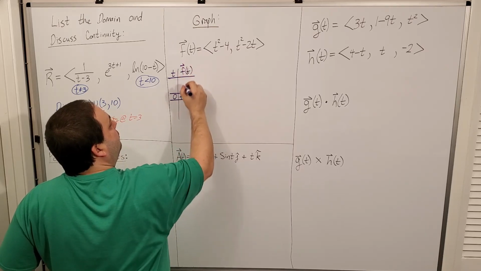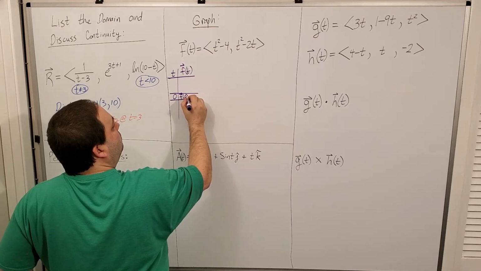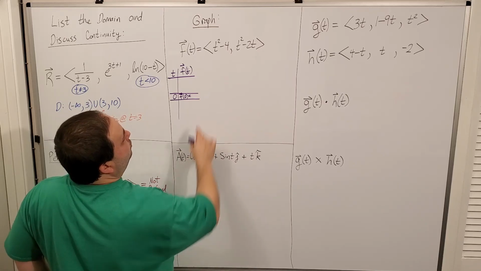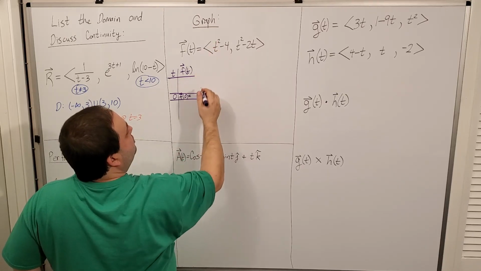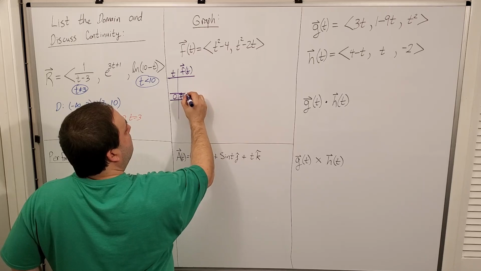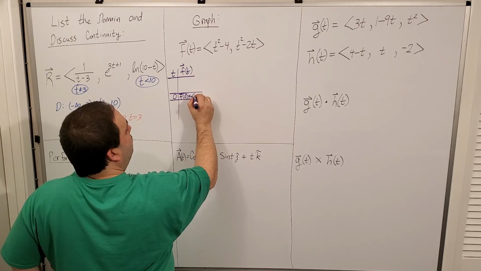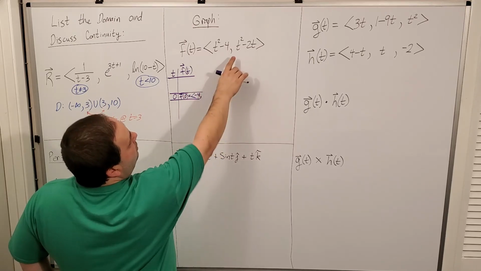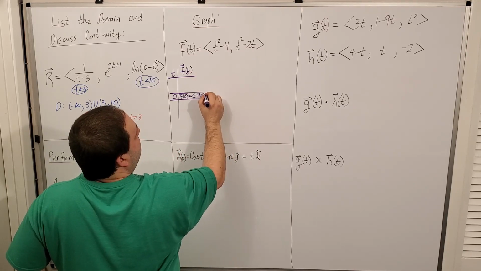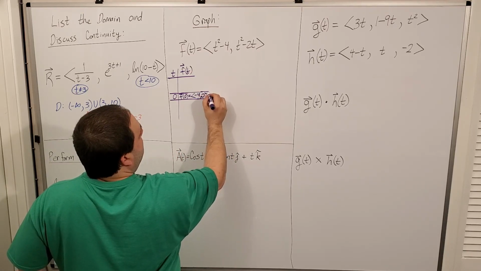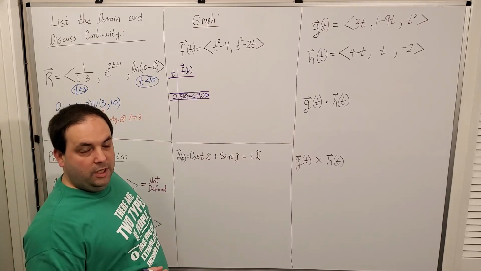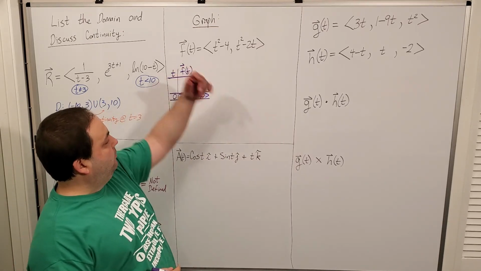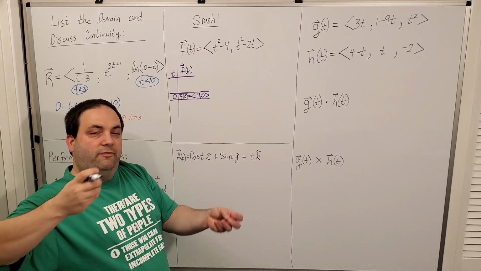whoops, got to put my vector on there, f of 0 is going to be equal to 0 squared minus 4, which is going to be the vector negative 4 and 0. Right? Now what I'm going to do when I'm graphing these things is I'm going to let the vector always come from the origin.